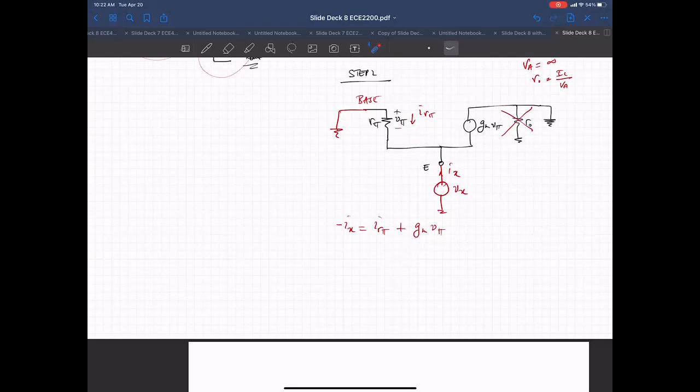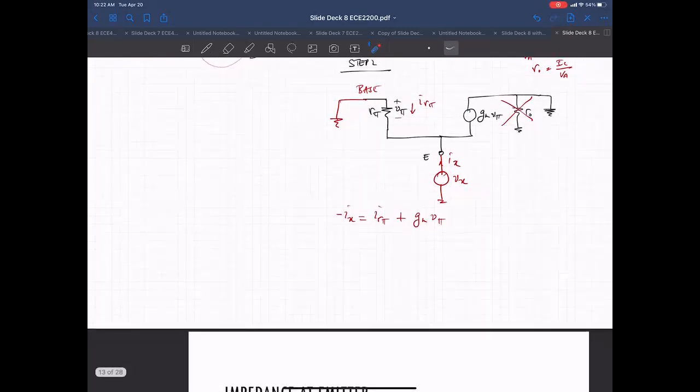Okay, so let's see what we got here. Interestingly enough, we've got V sub X placed here. Just looking at V sub pi, V sub X is on this side of the resistor and ground is on the other side. V sub pi is actually minus V sub X because of the way I've defined V sub pi.